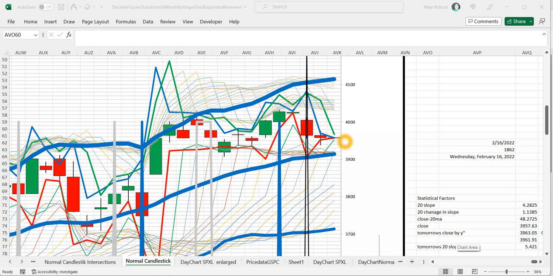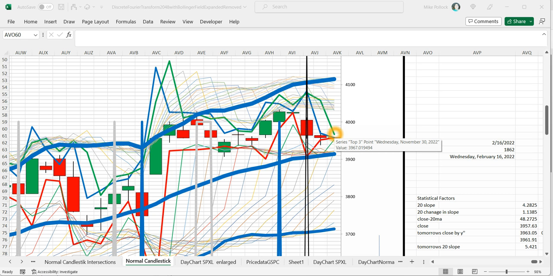Now let me move forward so we can look and see what the probability chart looks like for tomorrow. Here I'm on the candlestick. You see I have the marker on what was Tuesday's, and here's Wednesday's right here. Not filled in yet, so let me move the marker forward.